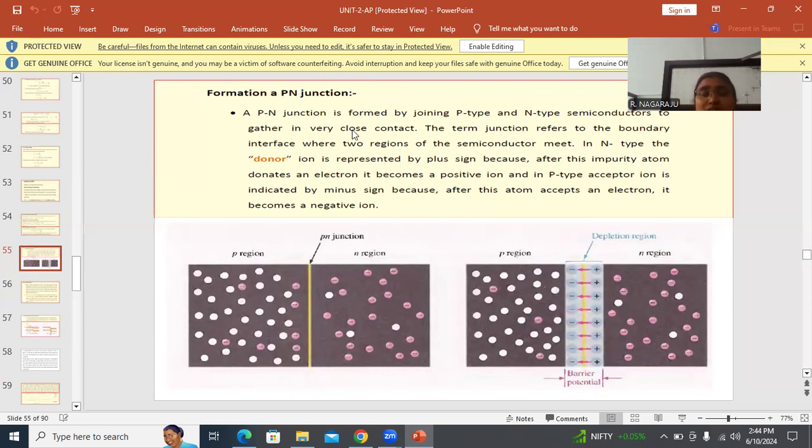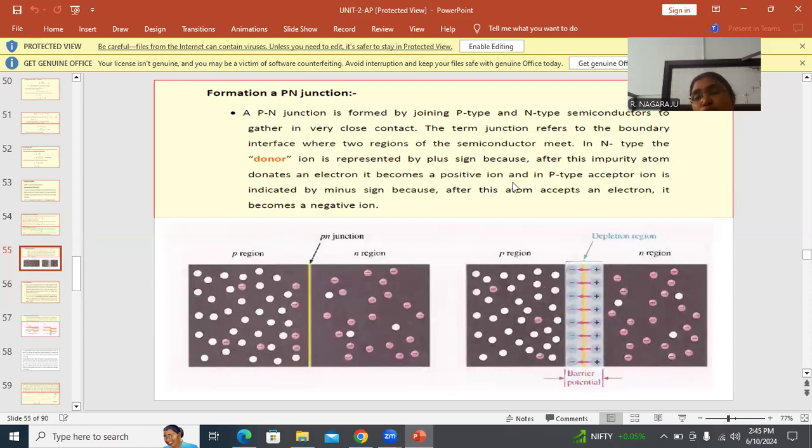So this is how, when you join the P-type and N-type regions, you get a boundary interface where two regions meet together. This diagram shows how they are interacting. Next, in N-type, the donor ion is represented as a plus sign because it's an impurity atom that donates the electron.